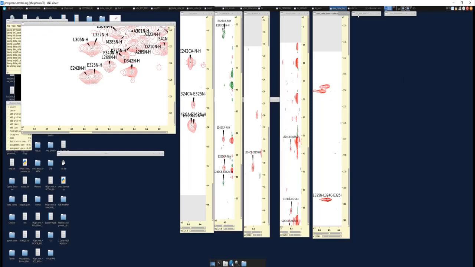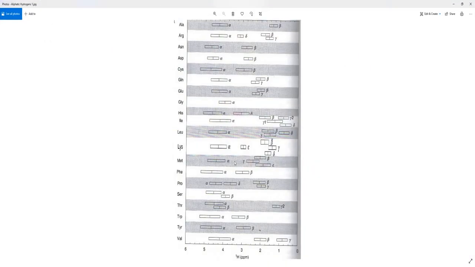However, I wanted to discuss something different this time, and that is to look at the hydrogens. So if I bring this sheet here, you can see that hydrogens also have their own unique chemical shift ranges depending on which amino acid you're looking at.